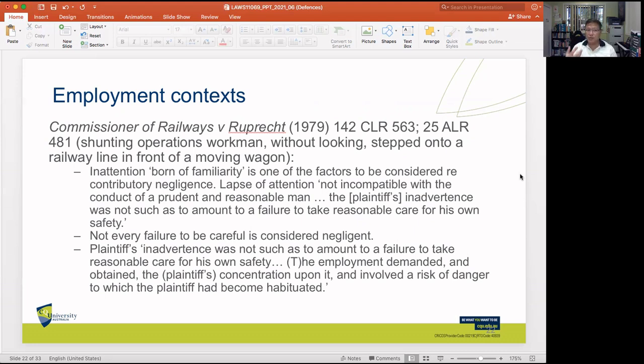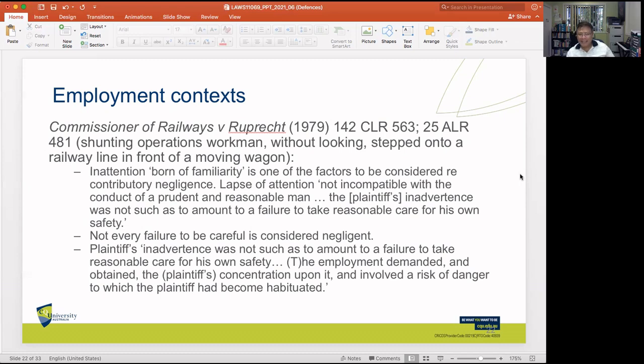So in other words, there is a duty on the part of the employer to make sure that any safe place of work design that it creates takes into account lapses of attention by its employees. So not every failure to be careful is considered negligent. Here the court said that the plaintiff's inadvertence was not such as to amount to a failure to take reasonable care for his own safety.